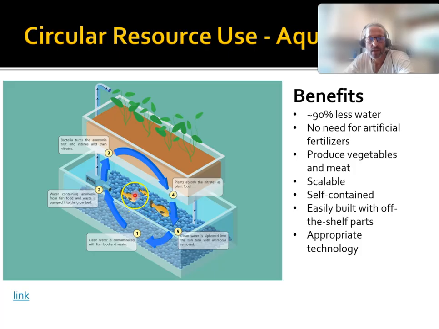With this aquaponic system, you take what would normally be waste. You have the fish waste, and you have specific bacteria in there that convert the ammonia in the fish waste into nitrate or nitrite.